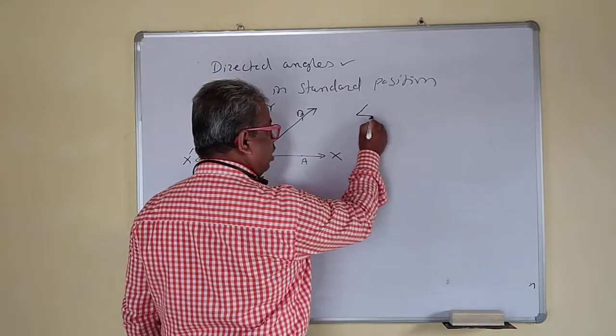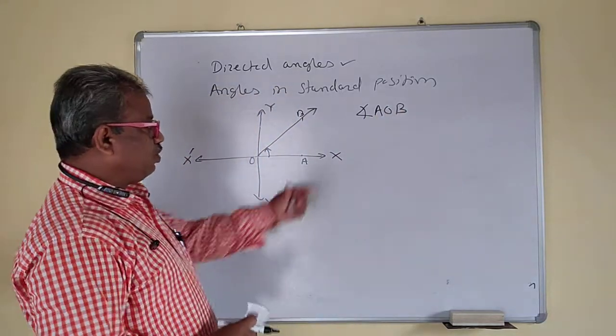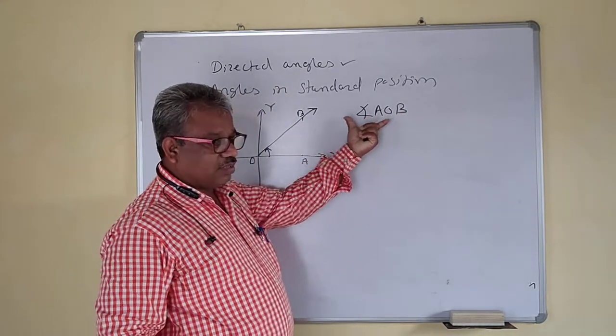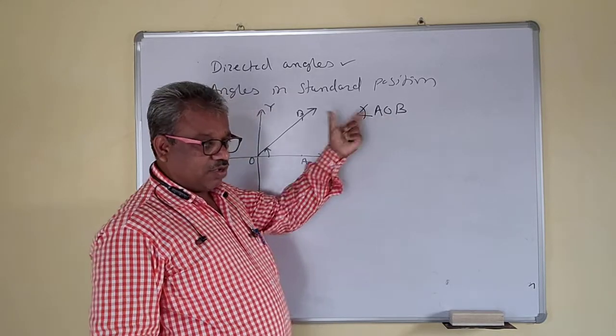The directed angle AOB. Don't write the spelling of directed like this, right? This is read as directed angle AOB, right? No need to write the spelling of directed.